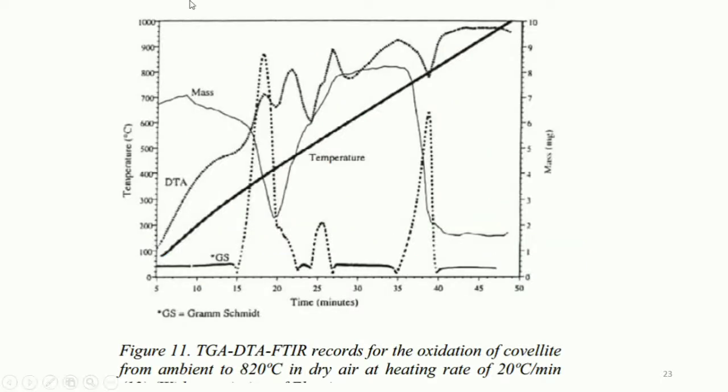In the third step, another exothermic peak is obtained, and an associated mass gain appears at about 475 to 585 degrees Celsius.